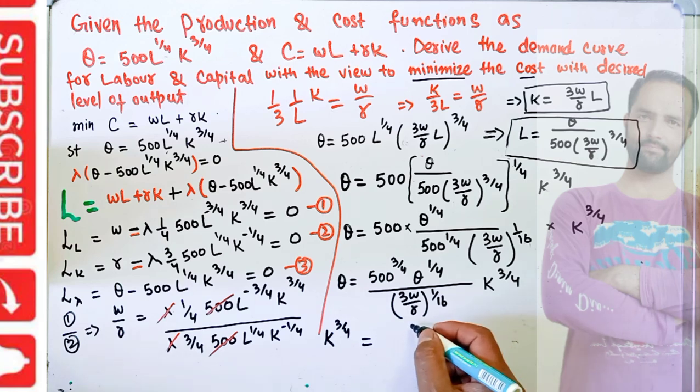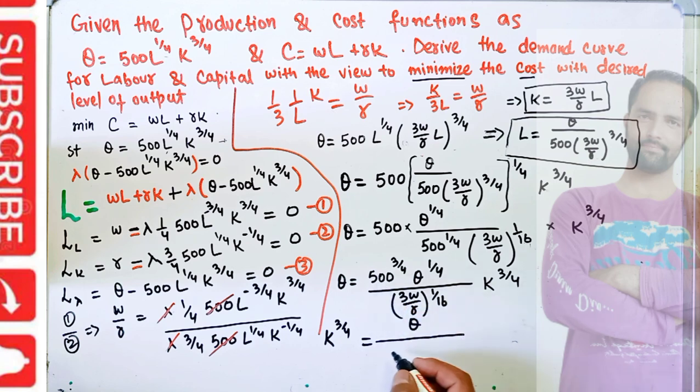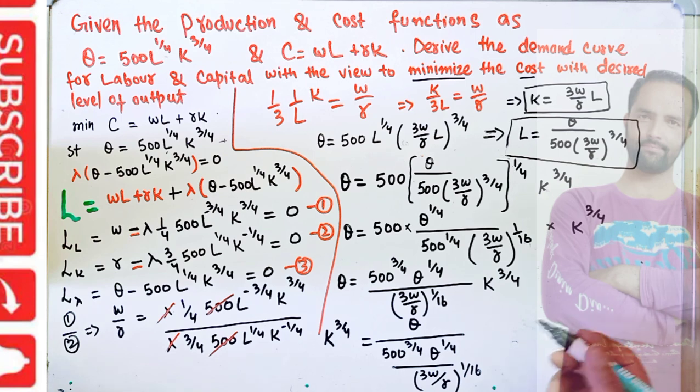So we have Q divided by this whole thing: 500^(3/4) Q^(1/4) divided by (3W/R) raised to the power 1/16. I hope this is getting captured in the video here.